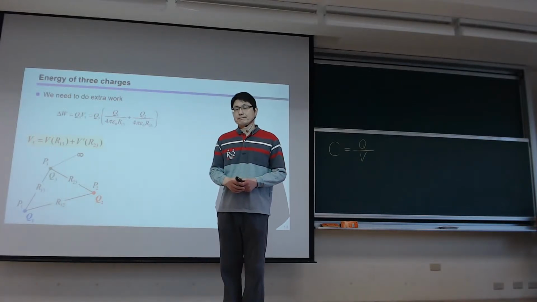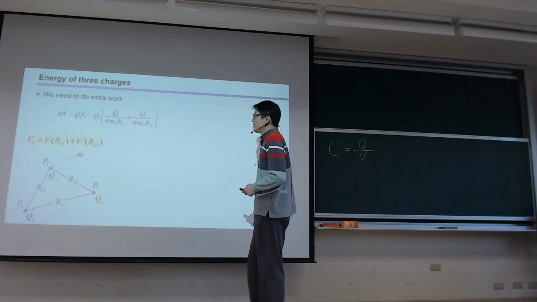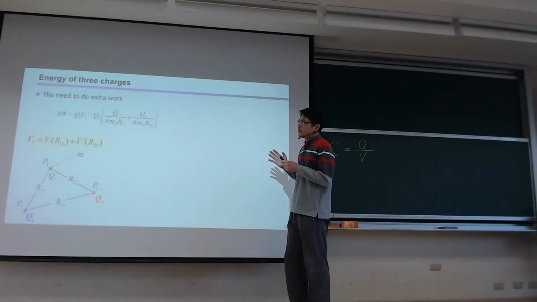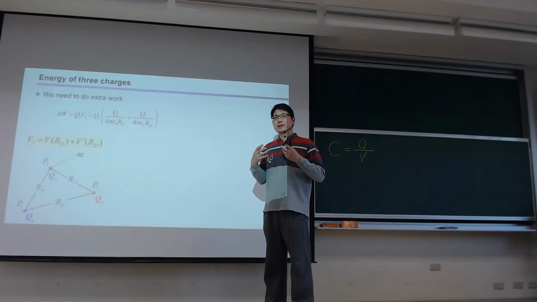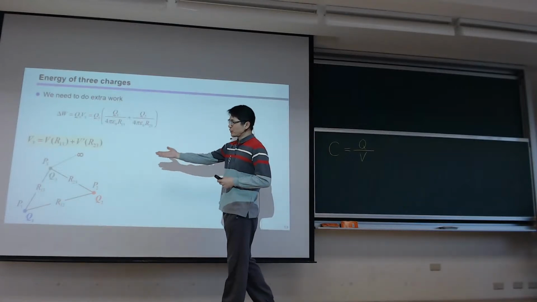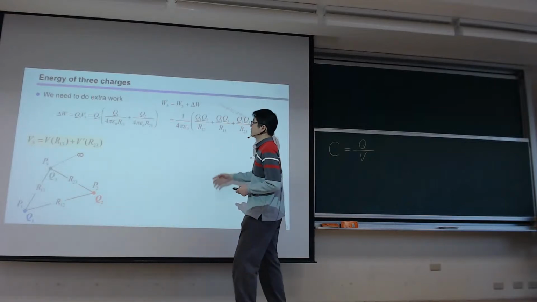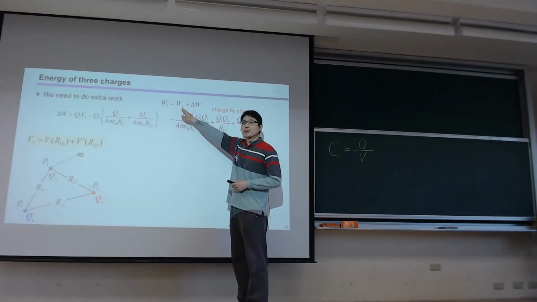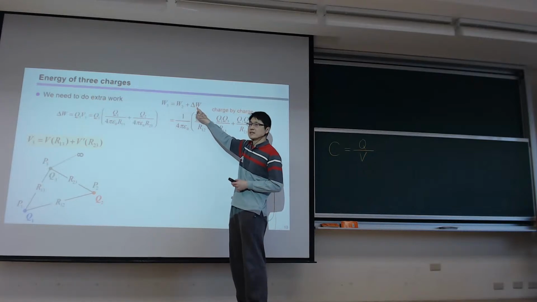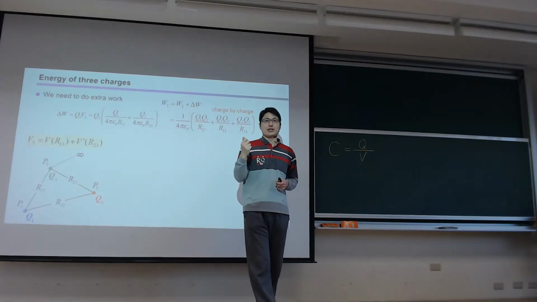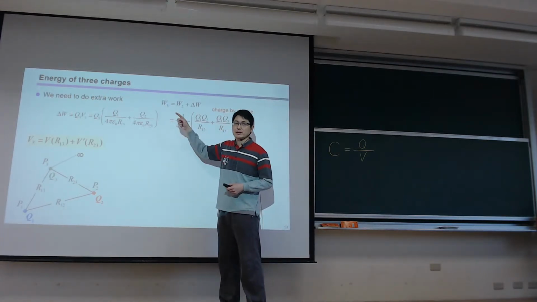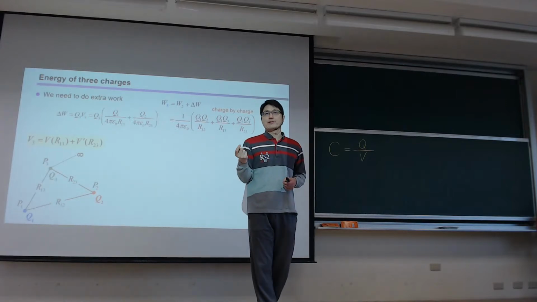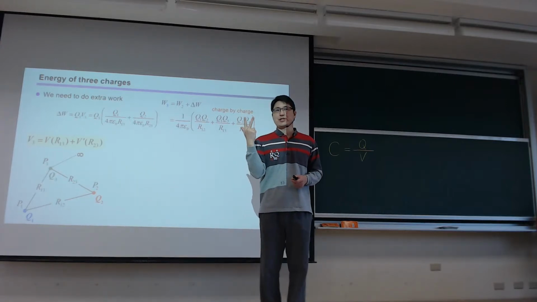Okay. Therefore, the total amount of energy that you need to assemble this three-charged system is the energy you need for two charged particles plus this additional energy. Therefore, this is W3, the energy required to assemble 3 charges.